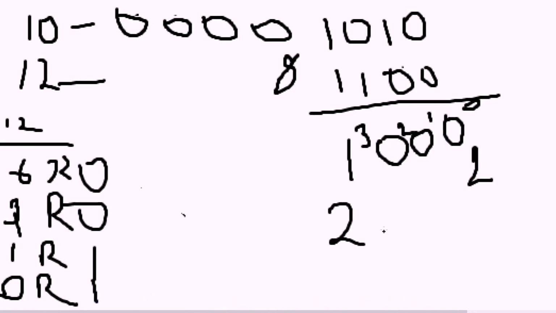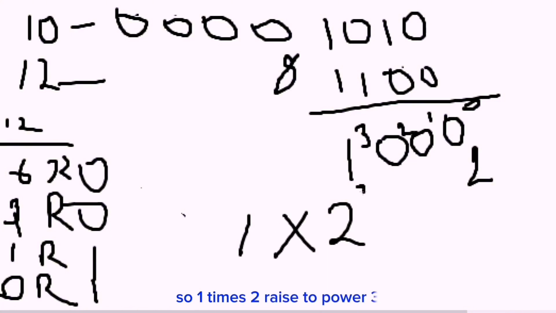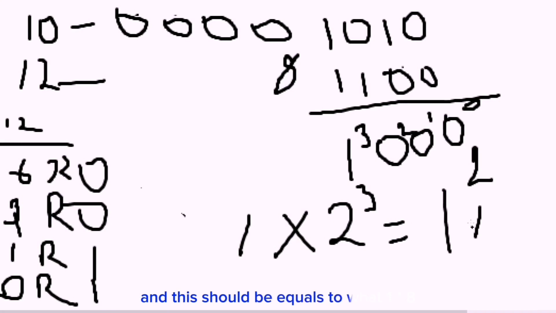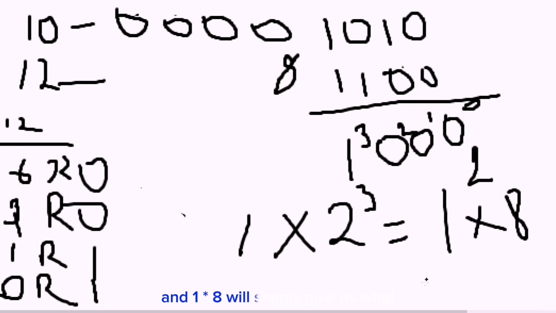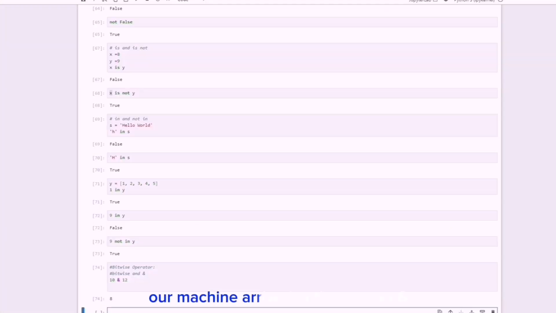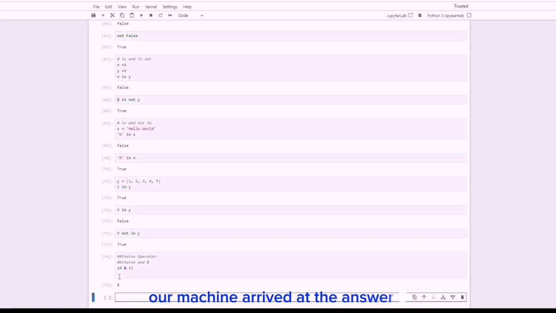So we have 1 times 2 raised to power 3, which equals 1 times 8, and that simply gives us 8. So that is how our machine arrived at the answer 8.